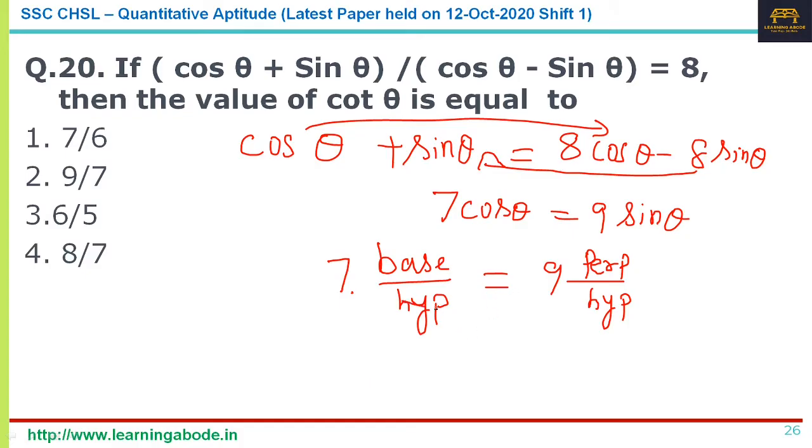So we get base by perpendicular is equal to 9 by 7. Now that's cot theta. The answer is option 2, 9 by 7.